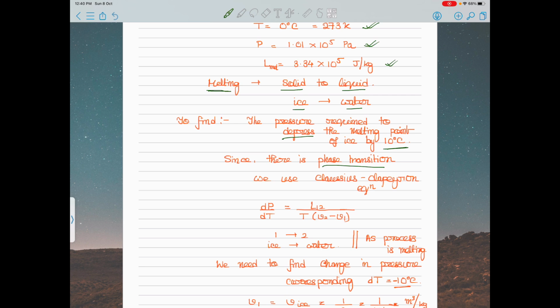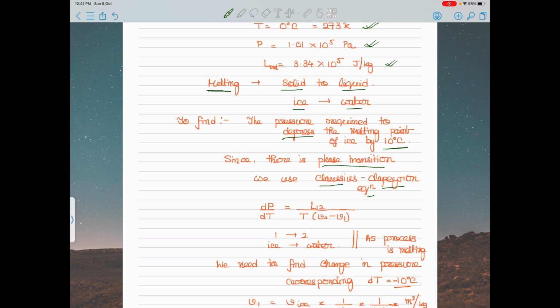This relationship is given by the Clausius-Clapeyron equation. So dP/dT is equal to L from phase 1 to 2, divided by the temperature at which it is happening, divided by V2 minus V1, where V2 is the higher specific volume.